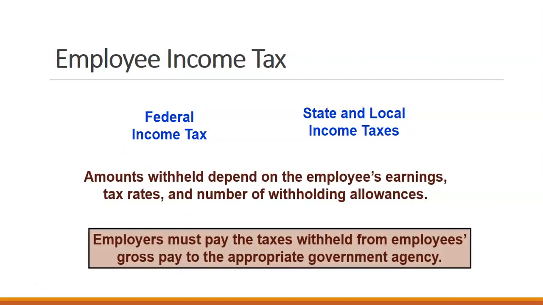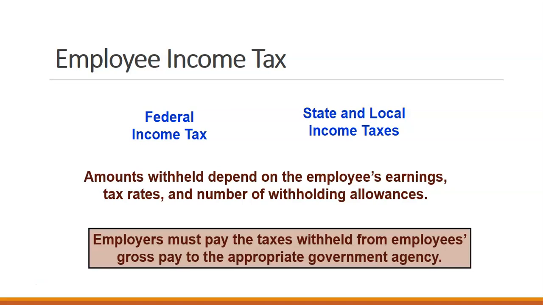Then we also have income tax, federal income tax, and state and local income taxes. We withhold based on what our withholding allowance is, and then for state and local taxes, different states and different localities will have different rates that are withheld.